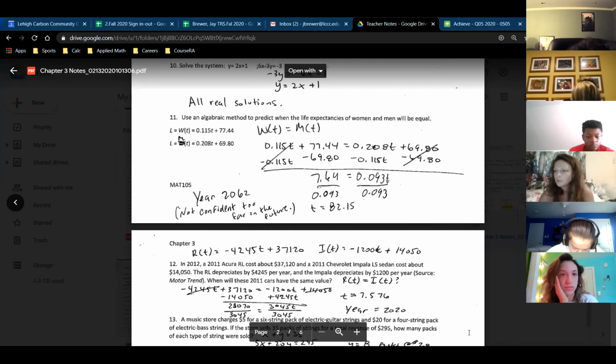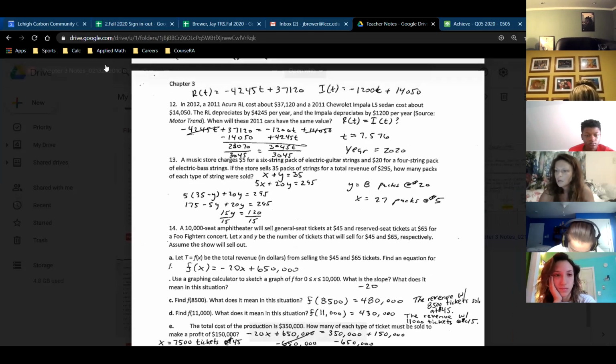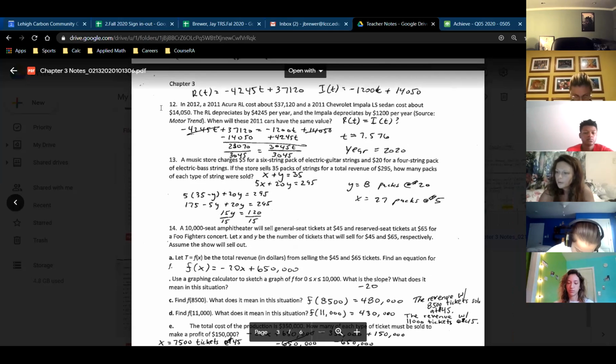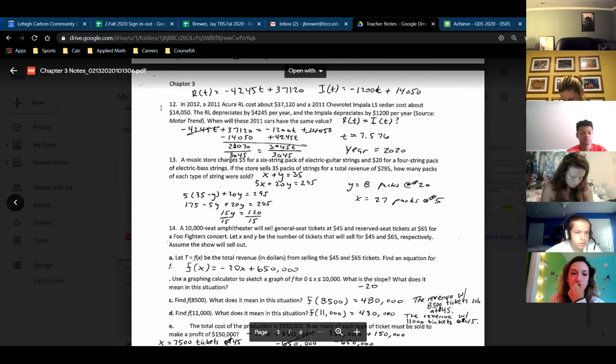Okay. So if we look at number 12, it says in 2012, a 2011 Acura RL cost about $37,120. And a 2011 Chevy Impala LS sedan cost about $14,050. The RL depreciates at $4,245 per year, and the Impala depreciates at $12,000 per year.